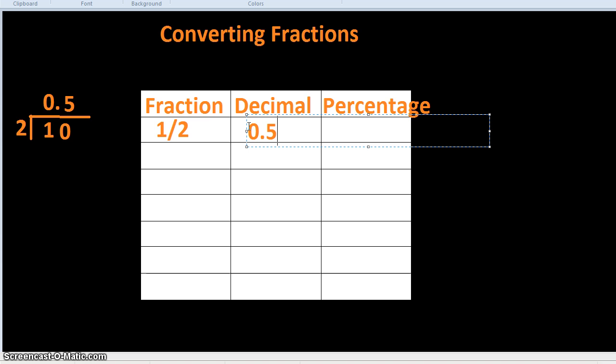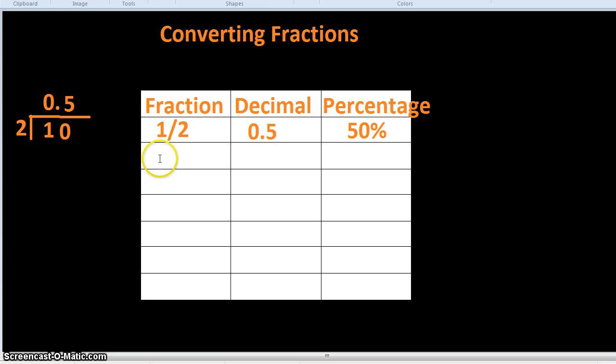Well, to get from a decimal to percentage just means per cent. Cent is 100, so per 100. So what you do is you multiply by 100. 0.5 multiplied by 100 equals 50. Let's do a new box here, 50. So it's 50%. 1/2 is 50%.